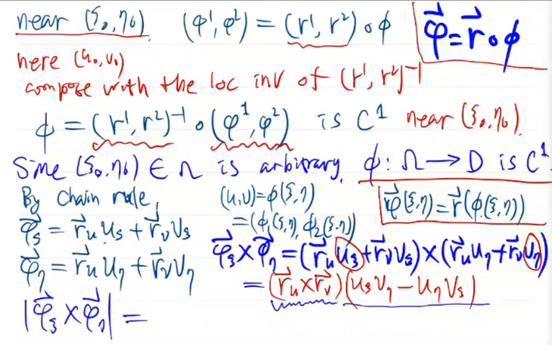So we get the norm of Ru cross Rv, and then the absolute value of the expression.